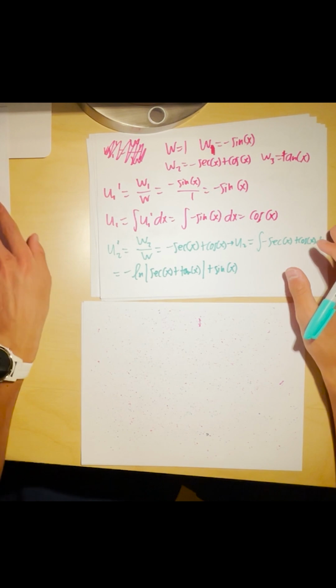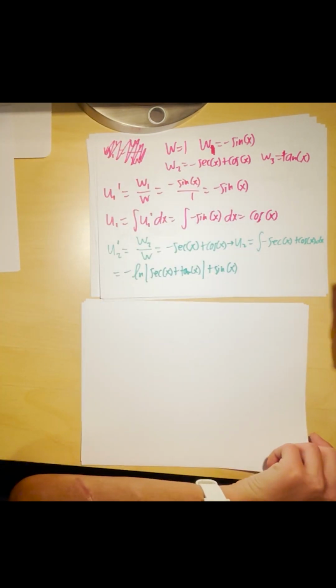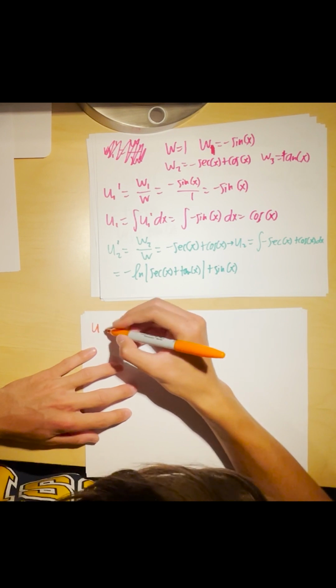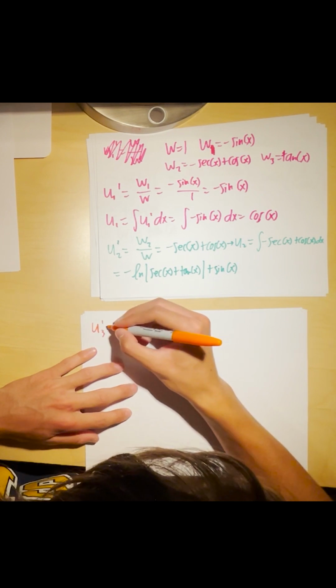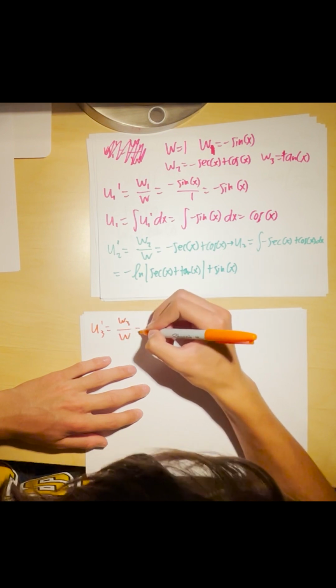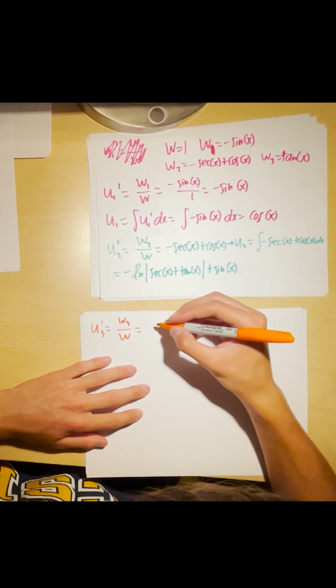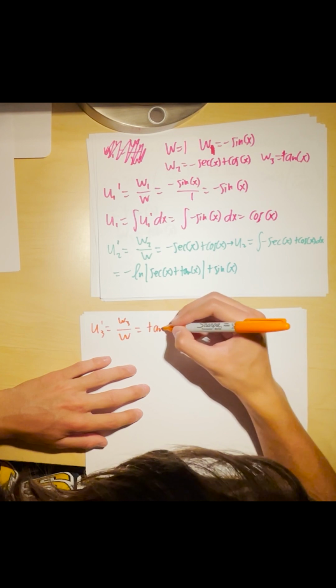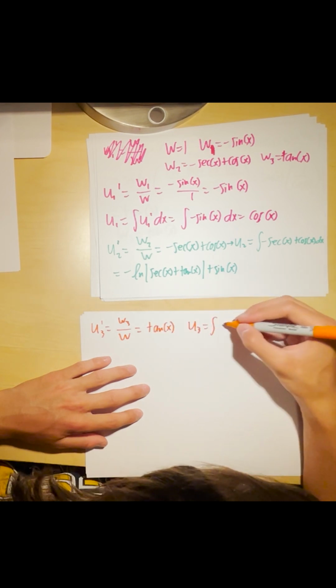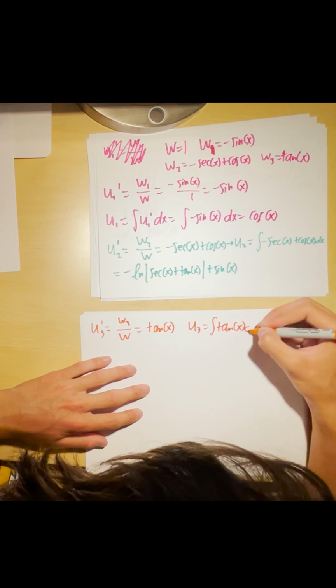Let's move on to u3. u3 prime equals w3 over w. We found w3 to be tangent x. So u3 is the integral of tangent x.